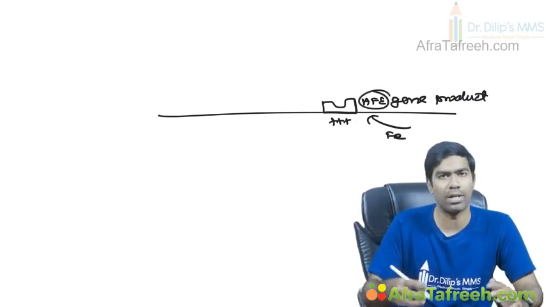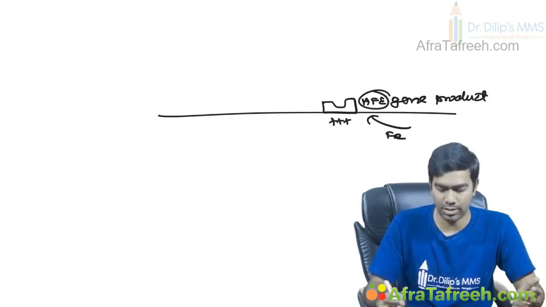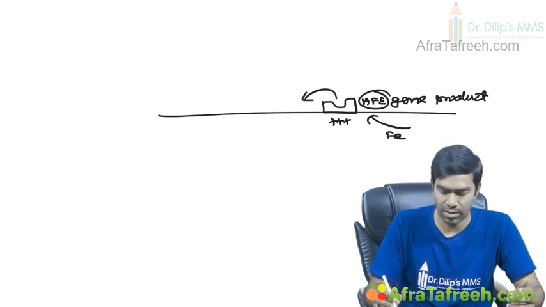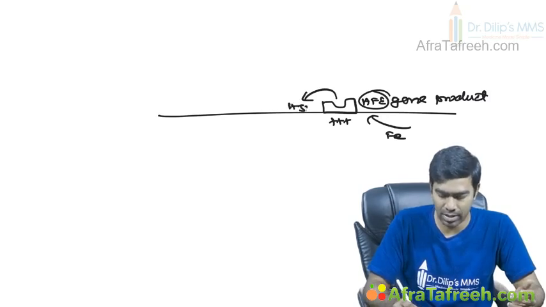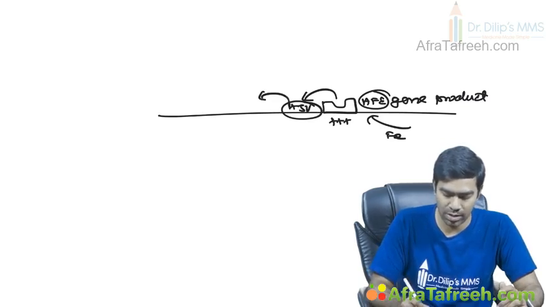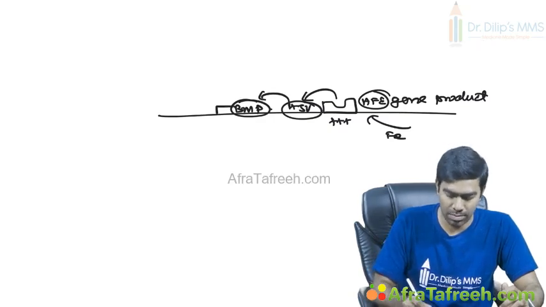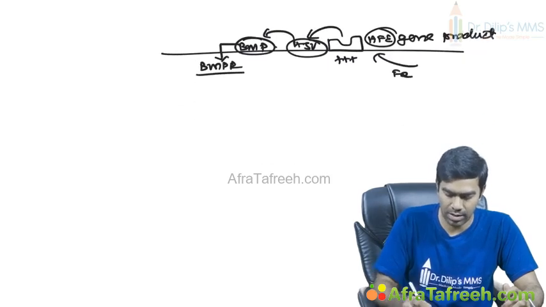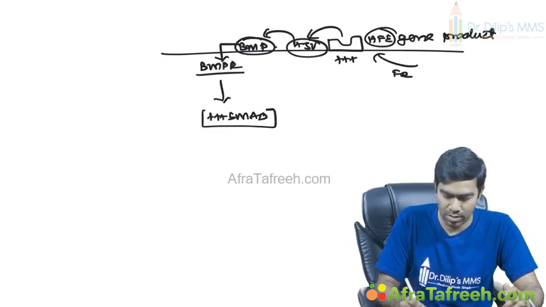Once it's activated by excessive iron circulating in the serum, this HFE will activate a cascade, and HJV will be activated as hemojuvelin. This hemojuvelin will further activate another protein called BMP, and this BMP will activate the BMP receptor. Once the BMP receptor is activated, that will activate SMAD proteins.